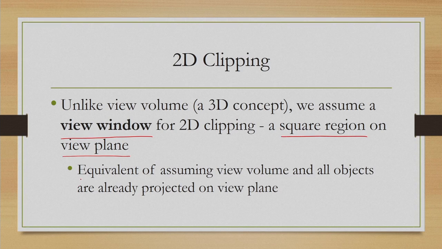It is equivalent to assume that the view volume and all objects are already projected on the view plane. That is another way of looking at 2D clipping. So, projection is already done and we have a 2D clipping window. Now, after projection, we want to perform clipping.